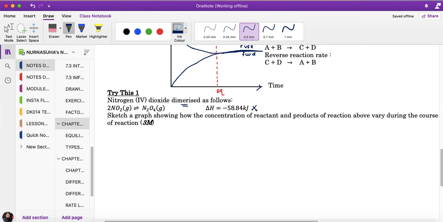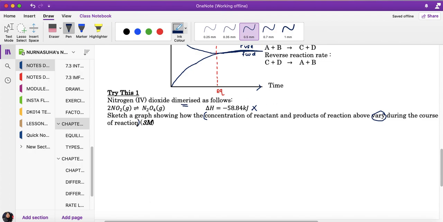For next one, dia suruh sketch a graph. Kalau sketch means that you do not need a graph paper. Tak perlu graph paper lah. Okay, sketch sahaja. Showing how concentration of reactant and products above vary. Vary ni maksudnya bertukar during the course of reaction.